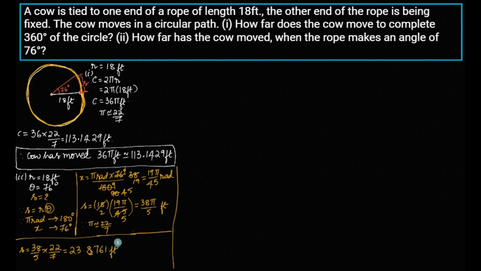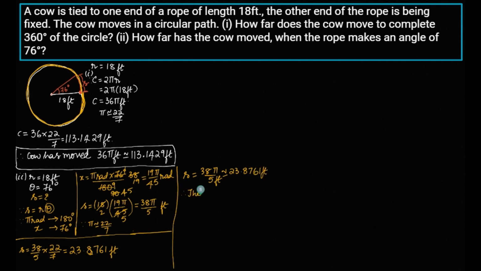So therefore, the length of the arc S is equal to 38 pi by 5 feet, which is approximately equal to 23.8761 feet.